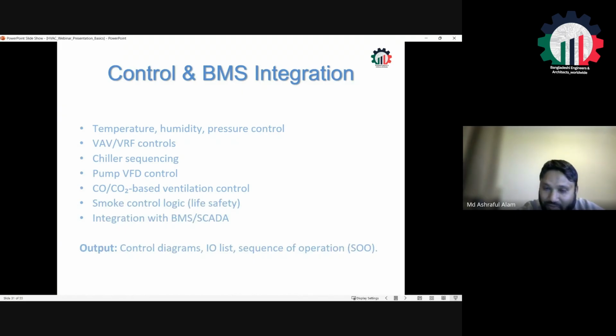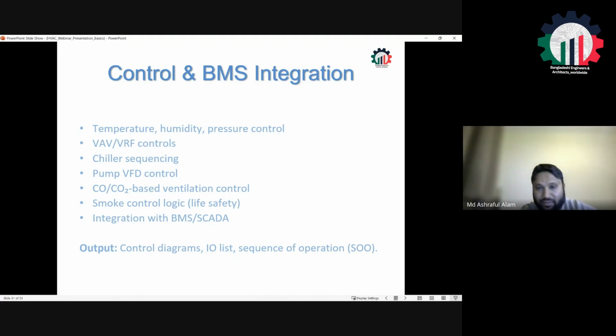Once we switch on the HVAC system, we want that system to work properly. So who will do that? That will be done by the control and BMS integration. Let's see the points here: temperature, humidity, pressure control, VAV, VRF controls, chiller sequencing, pump VFD control, CO or CO2 based ventilation control, and smoke control, which is part of fire and life safety, integration with BMS, SCADA.